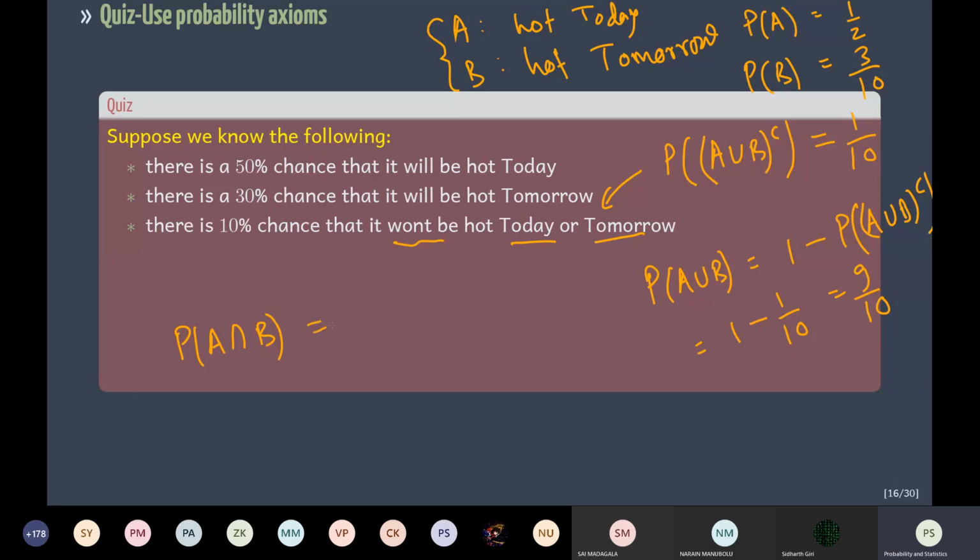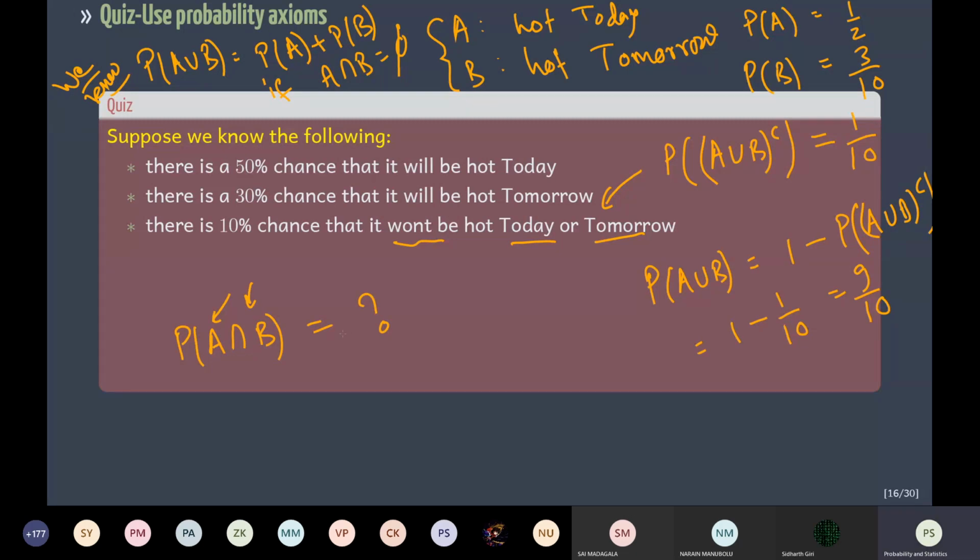So far, the identity we are familiar with is that the probability of A union B is the probability of A plus the probability of B if A intersection B is empty. This is what we know. But here what is being asked is hot today and tomorrow, so it's an intersection.